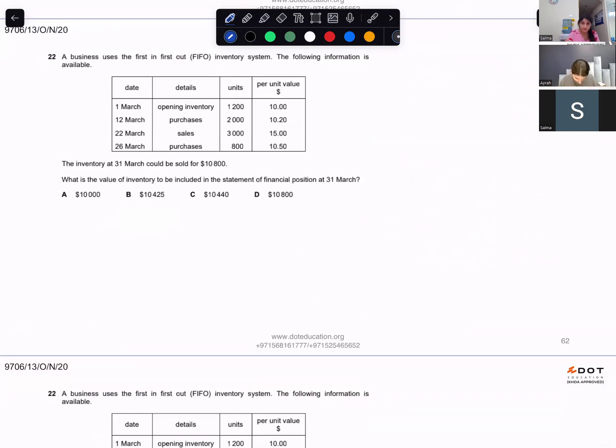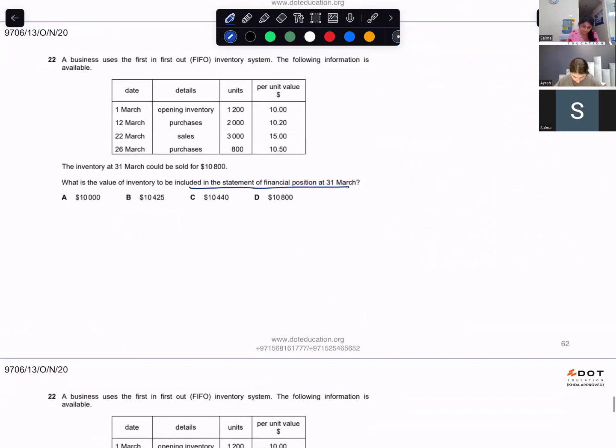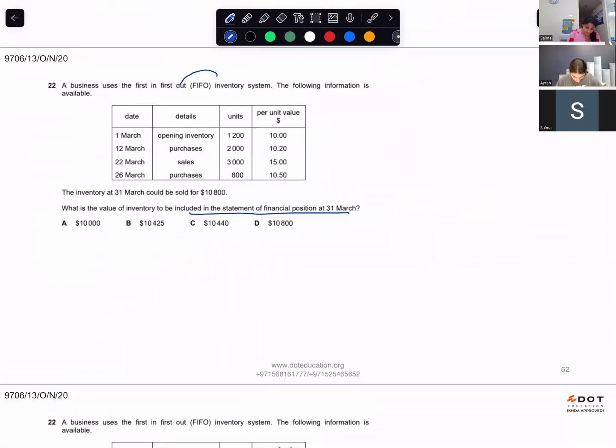What do they want from you? The value of inventory to be included in the statement of financial position. The business uses FIFO, first in, first out, so closing inventory would be from the latest production.